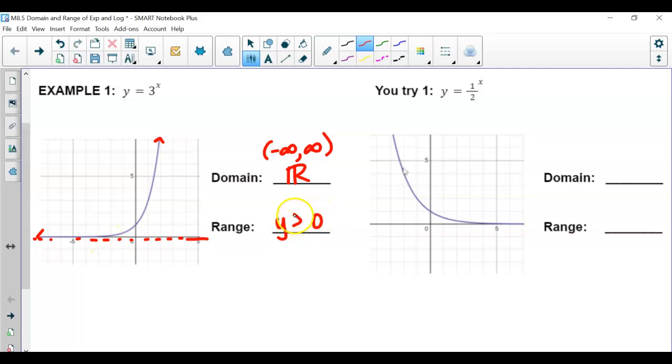Now notice here too, we're just going to put greater than, not greater than or equal to, because we're not including it. It's never going to reach 0. So it's strictly the y values are greater than 0. Or in this case, you would see it as 0, notice the parenthesis because we're not going to include it, to infinity. So you could see that range either way.